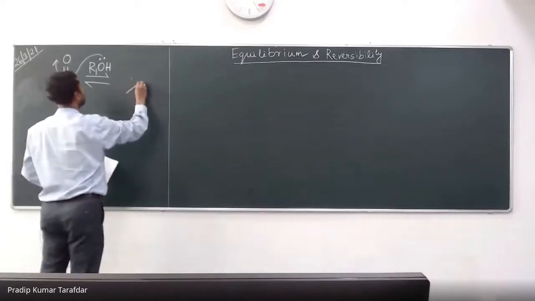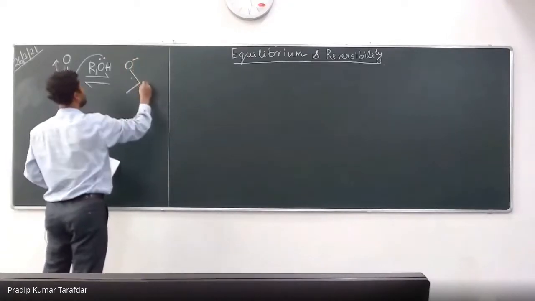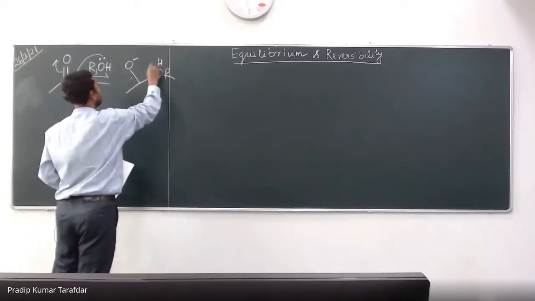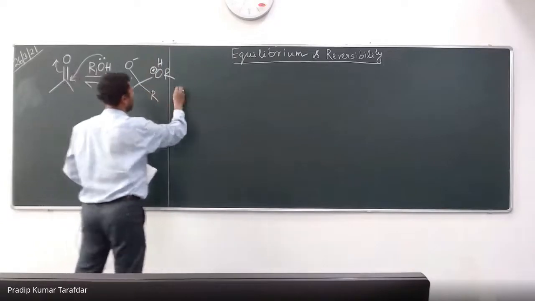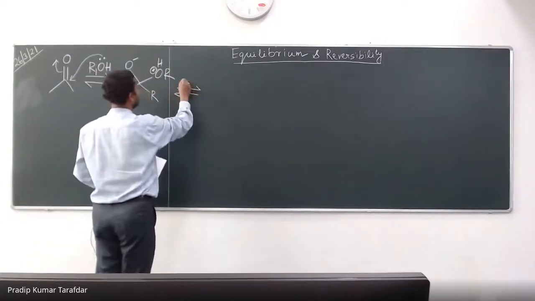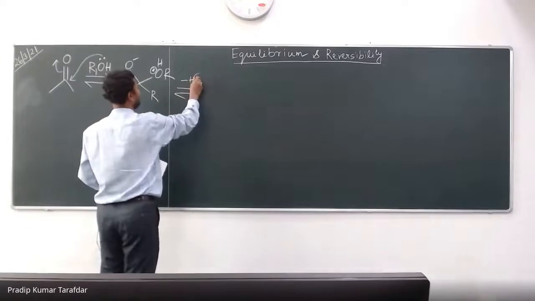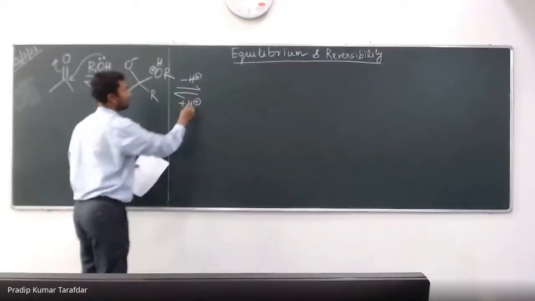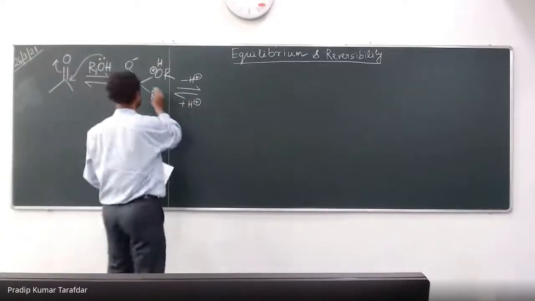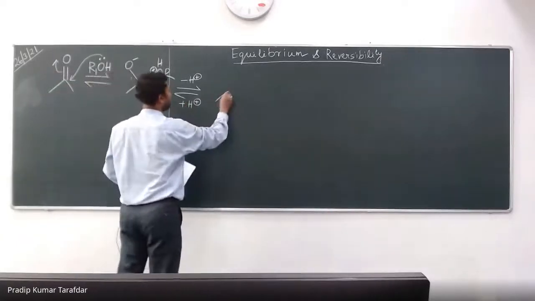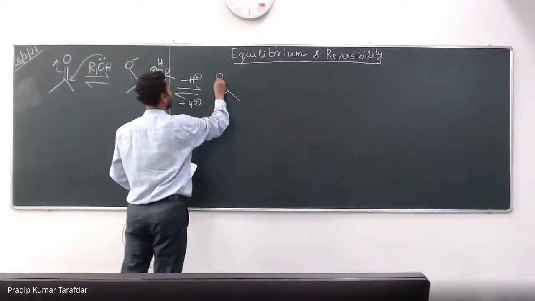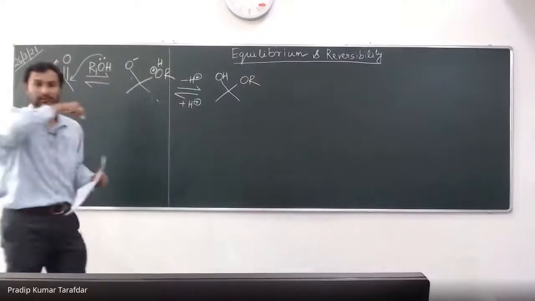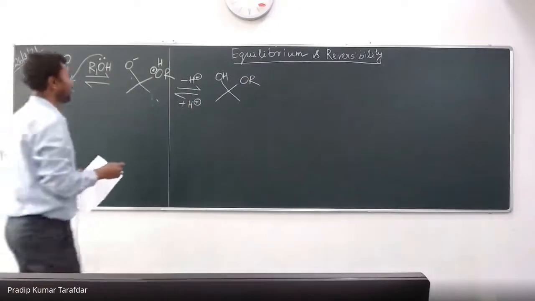It will form this O minus, OR1H plus, and then minus H plus and plus H plus. So two different steps, what you will get? You will get this OH and OR. So this is called hemiacetal.